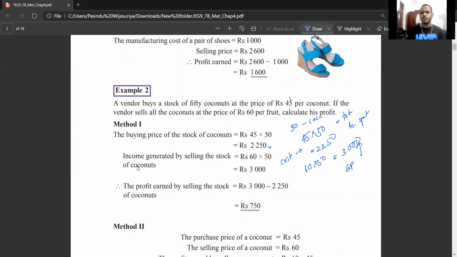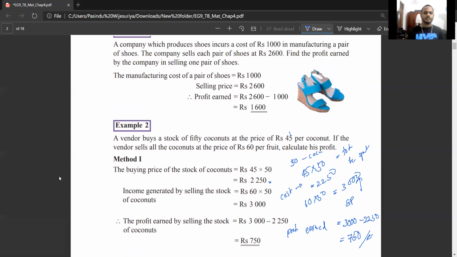It's not that you will get the full marks, definitely you won't, but you might get 1 or 2 marks along the way. So here exactly, the profits earned equals 3,000 minus 2,250, which is 750 rupees.